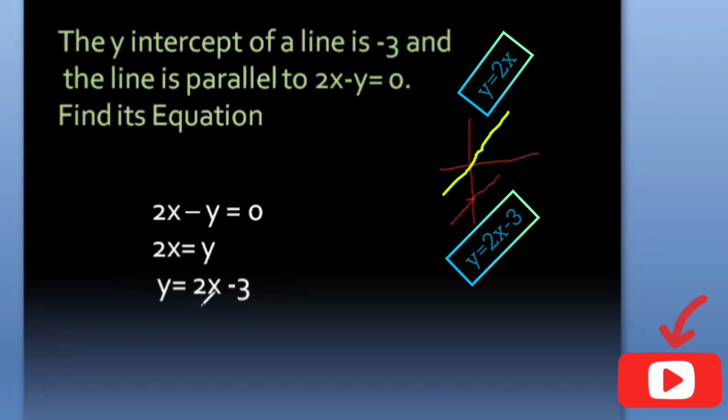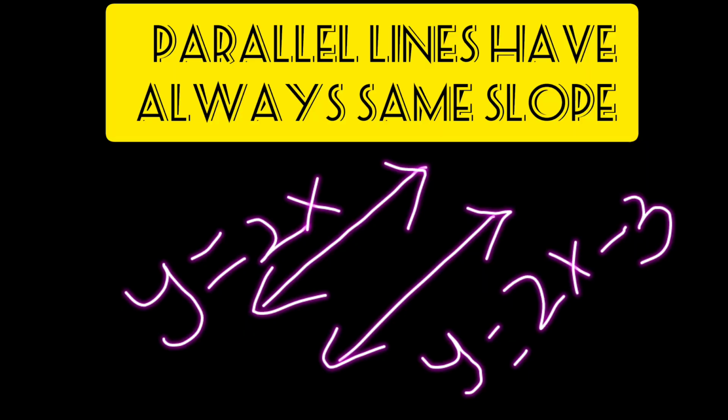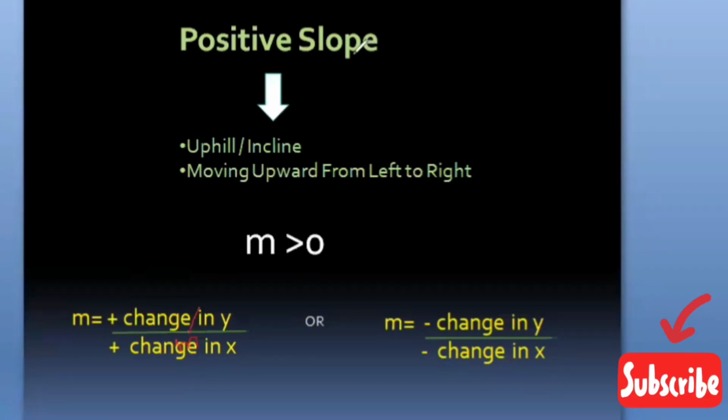Now in this equation, our slope is this and the y-intercept is this. So here our slope is positive. Here we have the positive slopes. For the positive slope, the line is an uphill incline like this, moving upward from left to right.